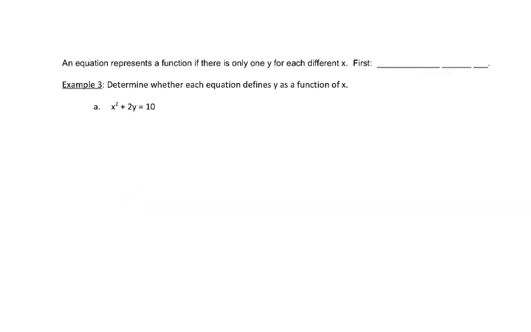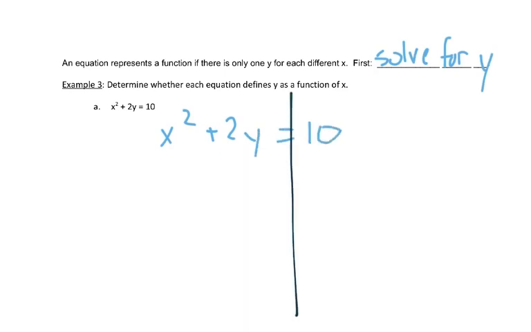An equation represents a function if there is only one y value for each different x. So the first thing you have to do is solve for y. So let's look at this equation. We have x squared plus 2y equals 10. And if I'm trying to get y by itself, solve for y, I need to move the x squared first.